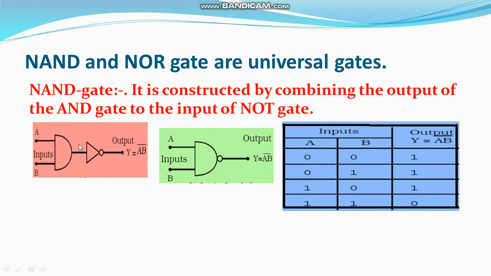Take the inversion of that, then only you will get the NAND gate. So in an AND gate, when both inputs are 1, then only the output is 1, otherwise 0. So here when both inputs are high, then only you will get output 0, otherwise you will get high.